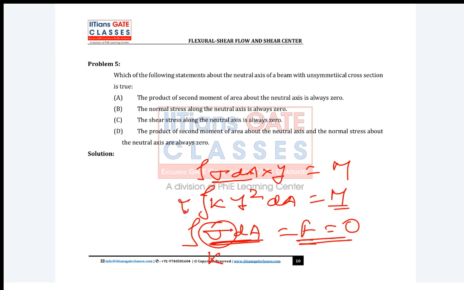So it was E kappa y. E kappa I can take out. So integration y dA, now this is 0. So what we got? Integration y dA is 0. So first moment of area is 0 about neutral axis. Is it clear? Yeah, fine. So let's move ahead.